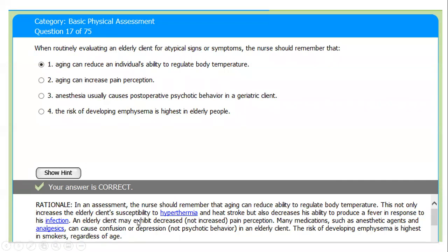An elderly client may exhibit decreased pain perception, and many medications such as anesthetic agents and analgesics can cause confusion or depression in an elderly client. The risk of developing emphysema is highest in smokers, regardless of age.